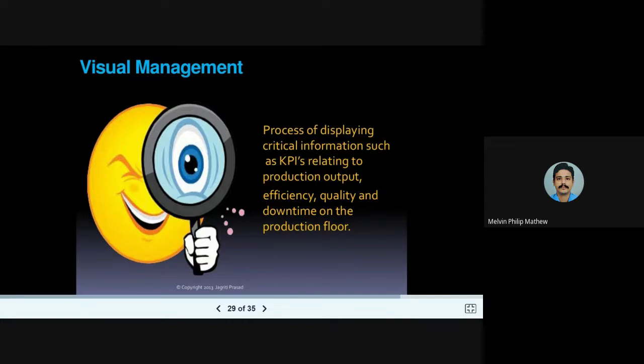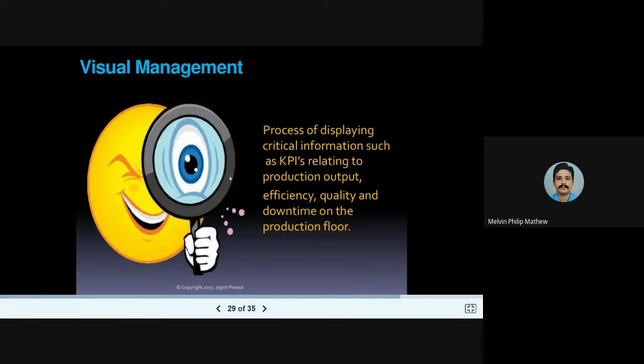So in visual management, the key performance indicators show us the waste or the critical factors that are required, and this is then visually seen through a file or by displaying the indicators in an email, etc.